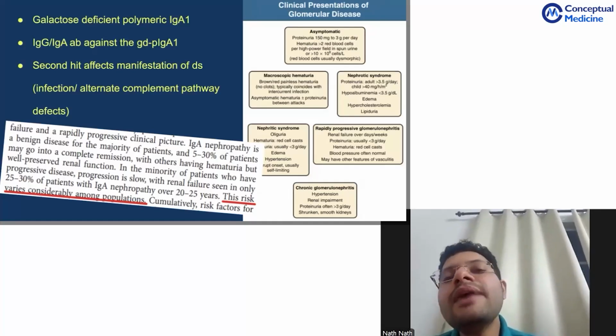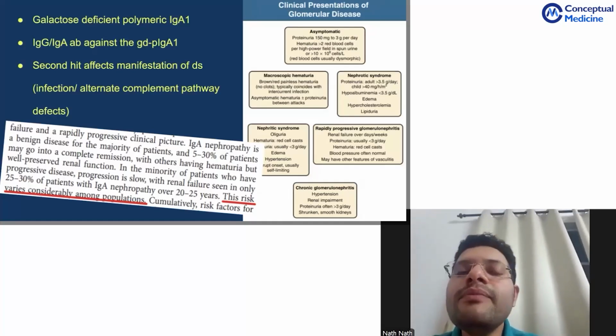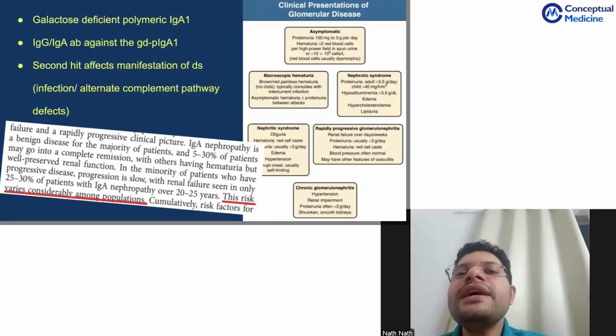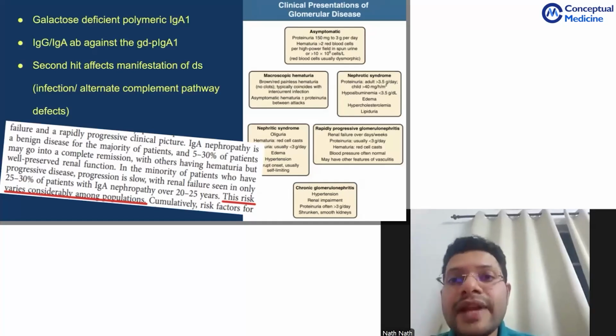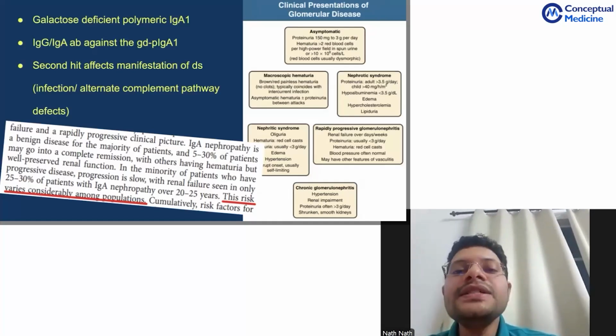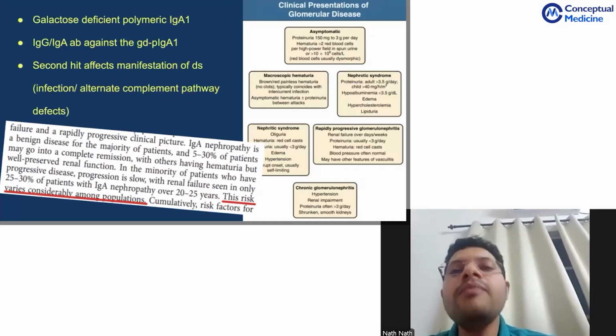So, this line from Harrison kind of gives you the impression that IgA nephropathy is not a serious disease, but no. The next line is very important. This risk, that's what I've underlined in red. This risk varies considerably among populations.